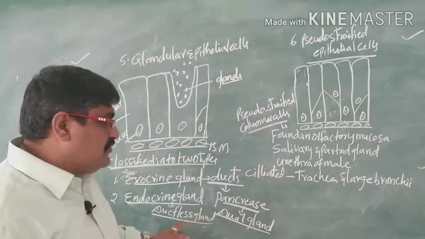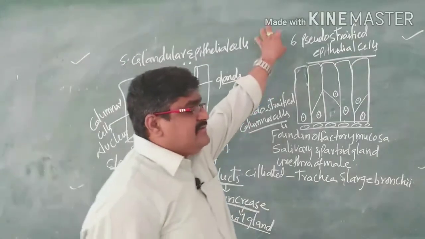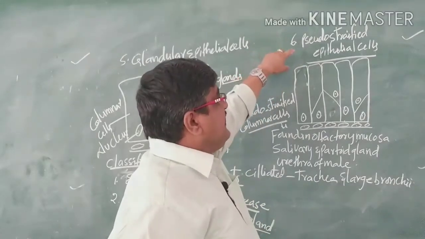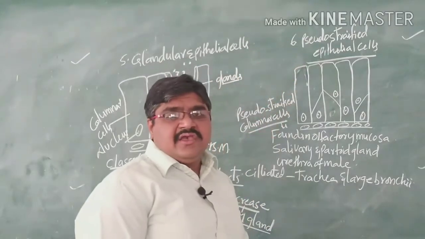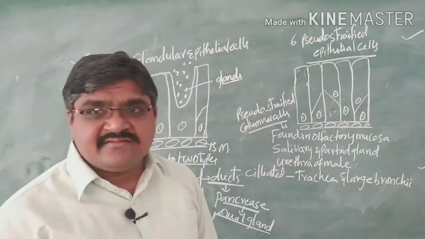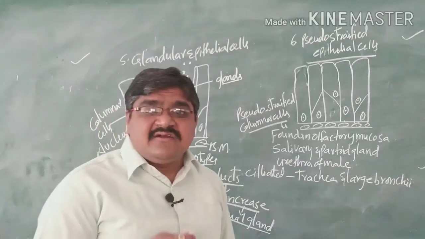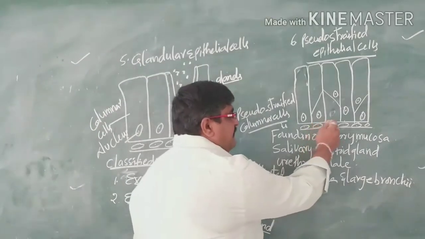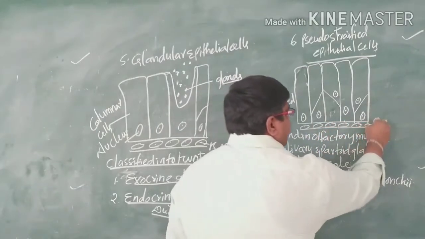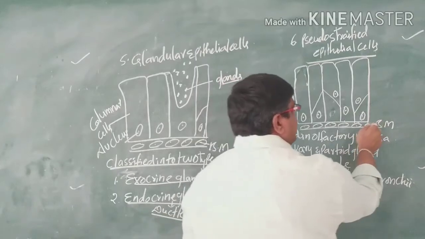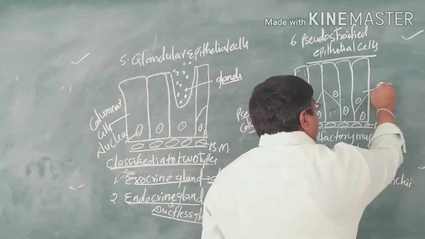And coming to the last one in simple epithelial cells, the last one is the pseudo-stratified epithelial cells. Here pseudo means false, stratified means many layers. So that means here it consists of a single layer of cells only on the basement membrane, but it looks like more than 2 layers.